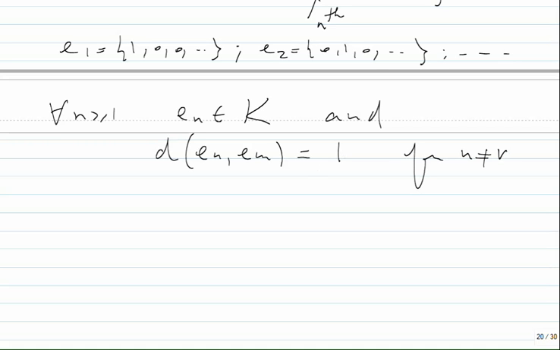For any n different from m, the distance between En and Em is equal to 1. So number one, this of course shows that K is not sequentially compact.